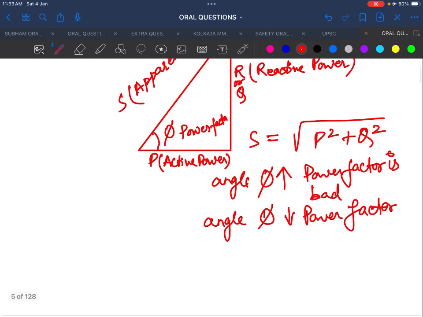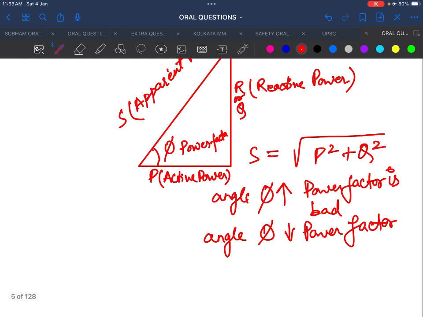So I will tell you what the active power is. The active power does the useful work. Basically, the power the machinery is taking, that is the active power.